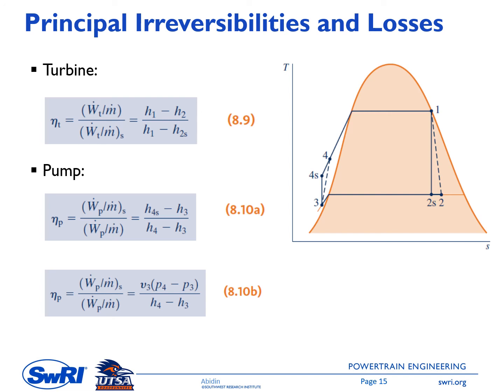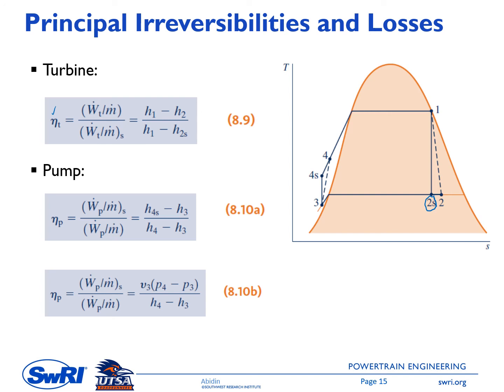In this case, we have an additional parameter, which is turbine efficiency. This represents the actual power over the isentropic power of the turbine: H1 minus H2 divided by H1 minus H2s. H2s here is the condition for the isentropic process inside the turbine.